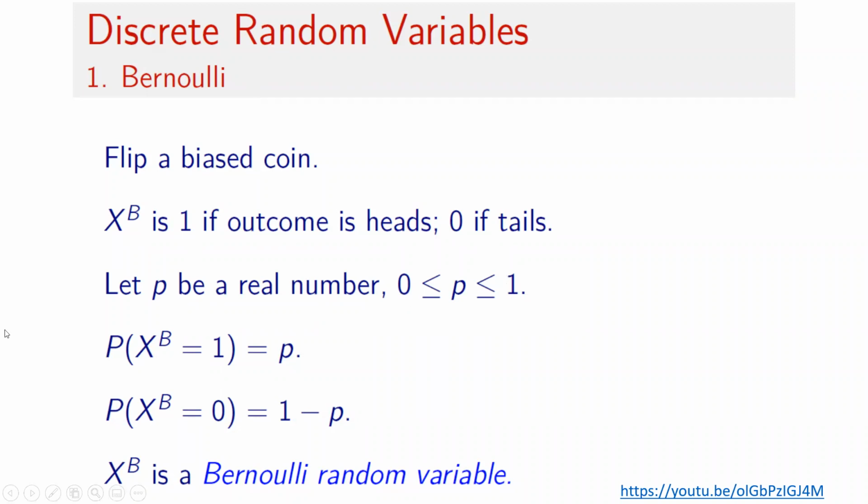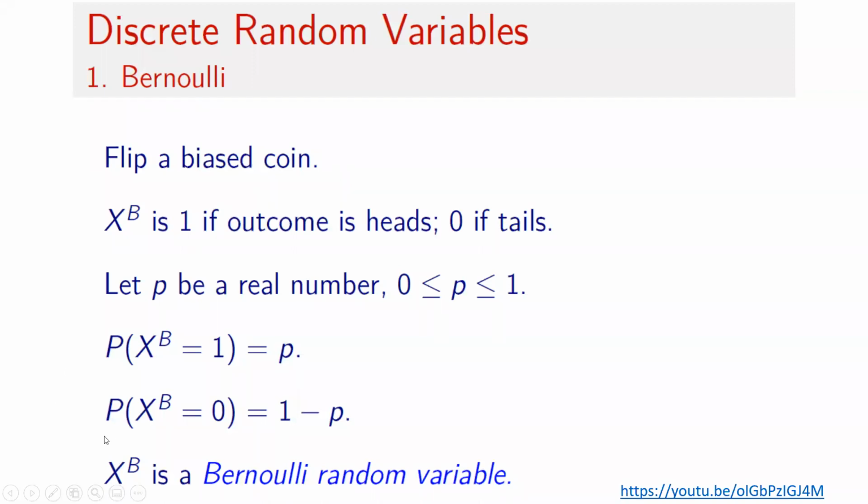So the probability of X subscript capital B equal to 1 is equal to lowercase p. Lowercase p can be some specific probability.